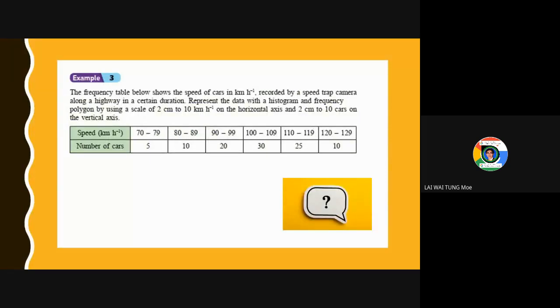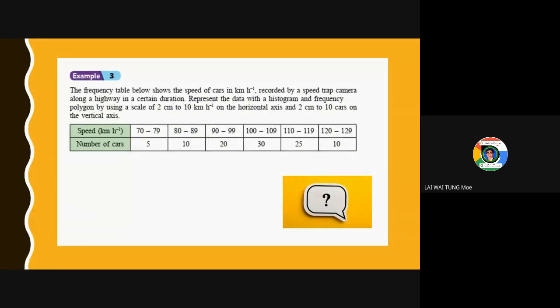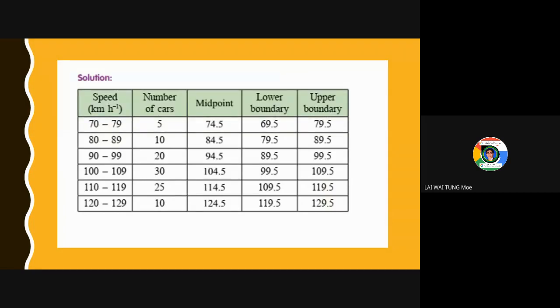If you notice this table, the number of cars is actually your frequency. So you notice there's no class given with the frequency 0. So what you do is you need to find out yourself one class above this one. What is the class interval for this one? And the frequency for this one should be 0.